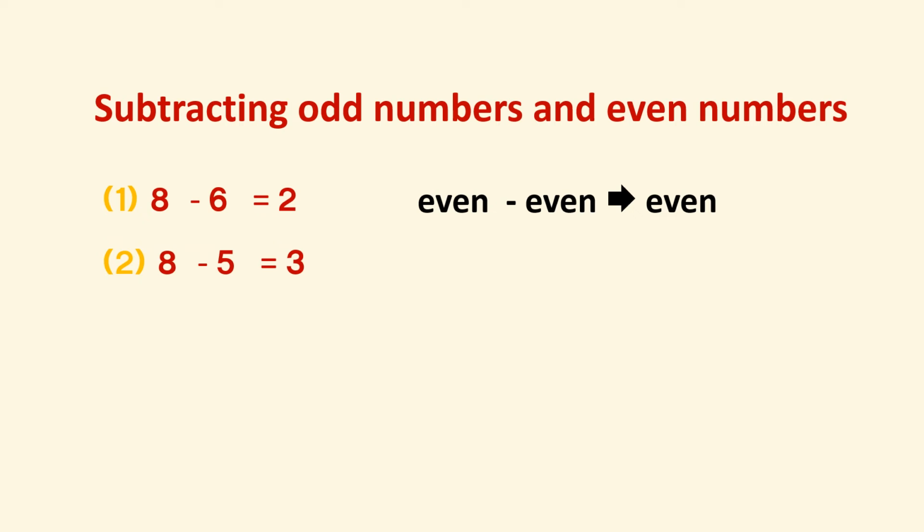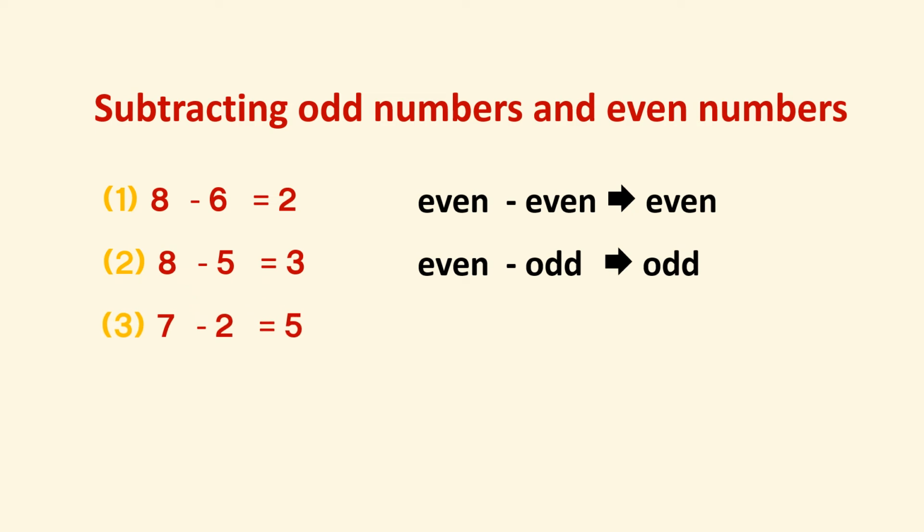Next, 8 minus 5 equals 3. So 8 is an even number, 5 is an odd number. Here we have subtracted an odd number from an even number. So the result is 3, that is also an odd number. So I can say even number minus odd number equals odd number.